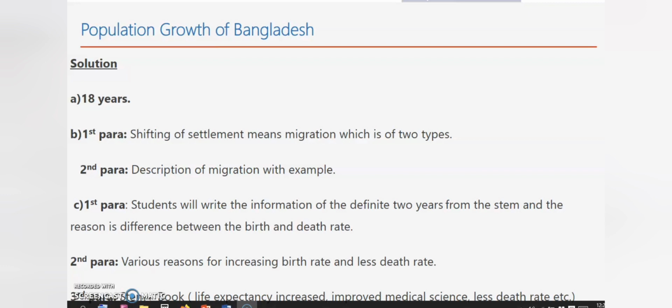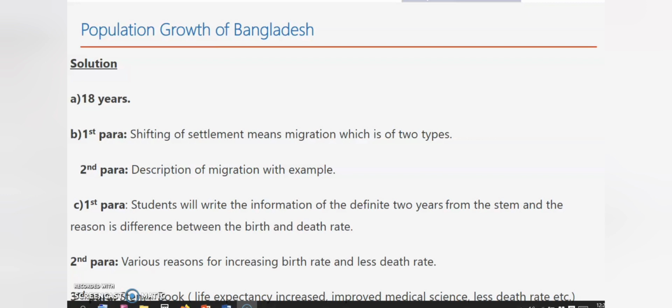In the second question, you have to describe the shifting of settlements and how it helps to increase the population. In the first para, you can write that shifting of settlement means migration, which is of 2 types, and in the second para, you can describe the migration with examples. I hope you can write it with your knowledge.